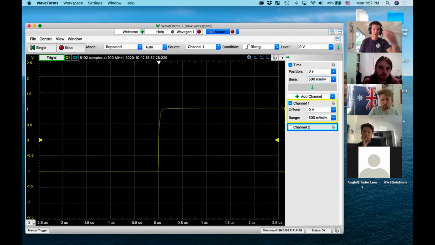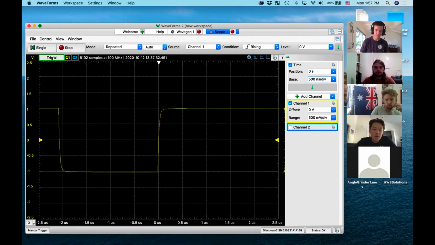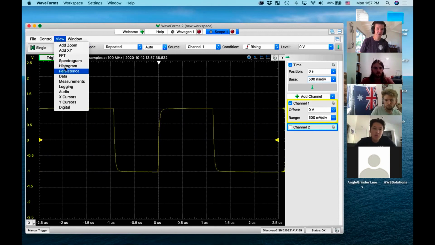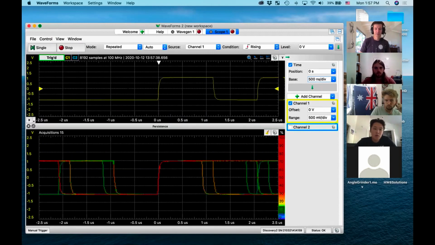Okay, so this is what, 5 microseconds total. And what I want to do is turn on persistence. And here you're starting to see the jitter, actually.